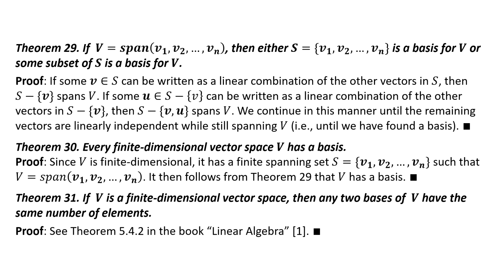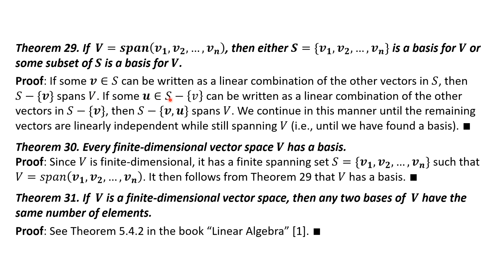Let's continue. We have a few more theorems on this slide. If V equals the span of these vectors here, v1, v2, up to vn, then either S, the set of the vectors, is a basis for V, or some subset of S is a basis for V. So we have a proof. If V, an element of S, can be written as a linear combination of the other vectors in S, then we can just remove it, and S minus V also spans V. Then we do the same thing again.